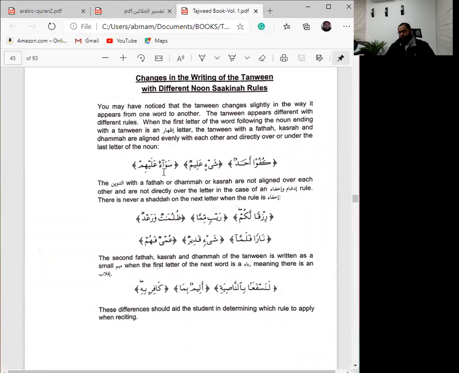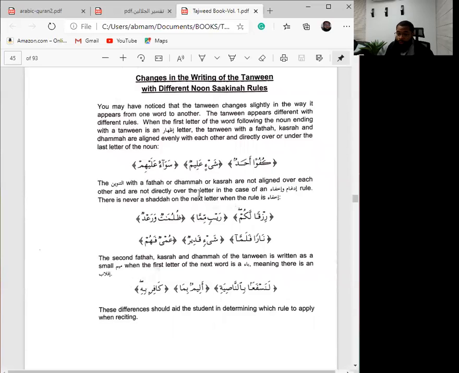So with the noon sakina and idhar, the noon sakina is going to have an actual sukoon. If it's not idhar, the noon sakina is not going to have a sukoon.